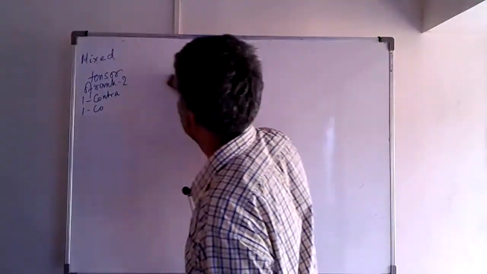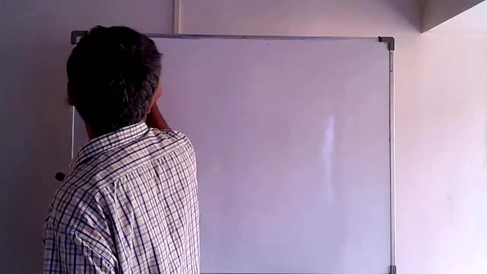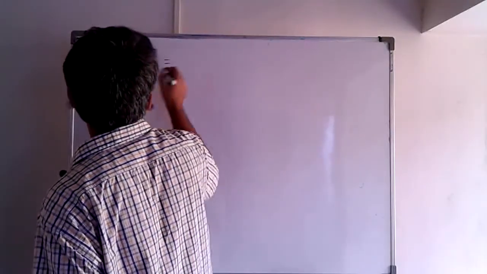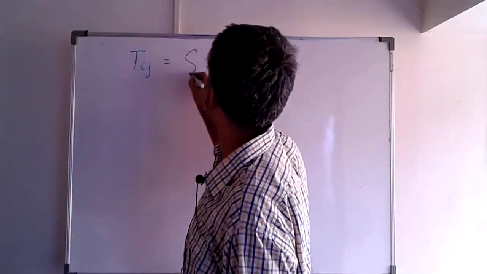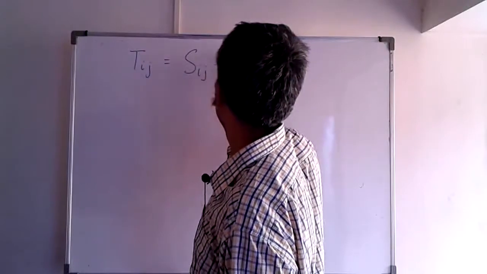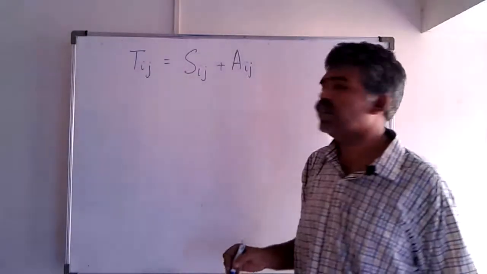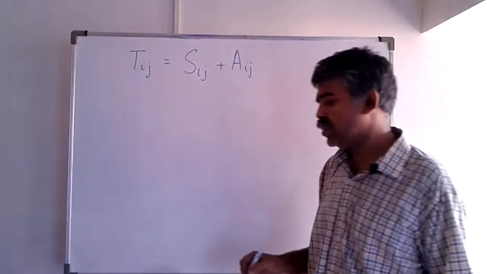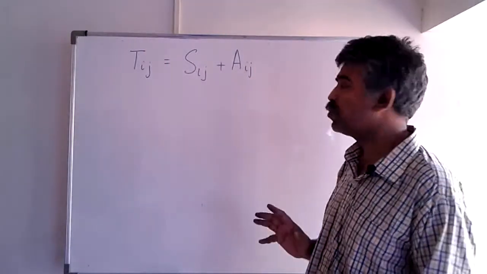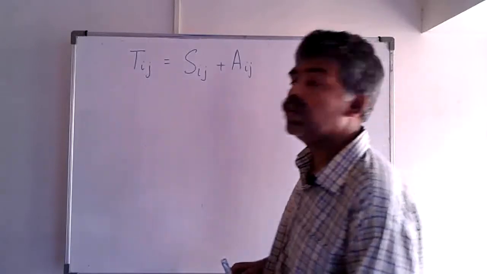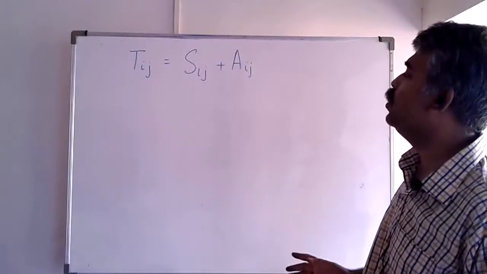Suppose any tensor Tij, this tensor is a covariant tensor of rank 2, and this can be represented by a symmetric tensor plus an antisymmetric tensor or a skew symmetric tensor. This is possible. You can write it.